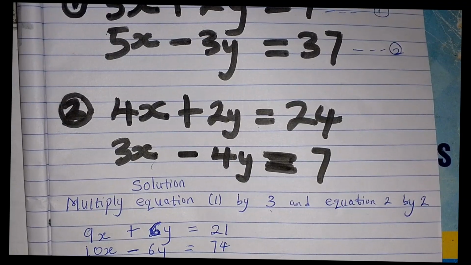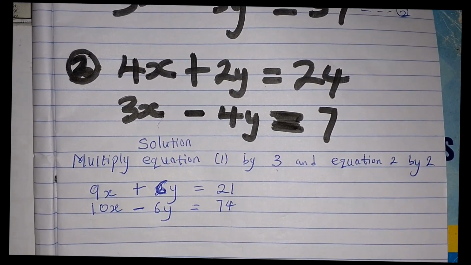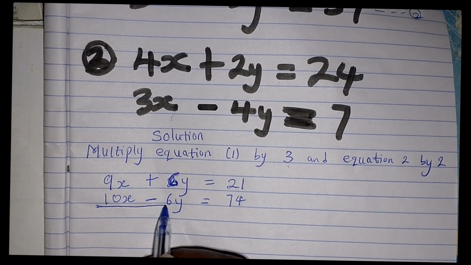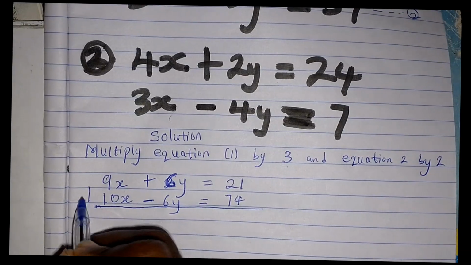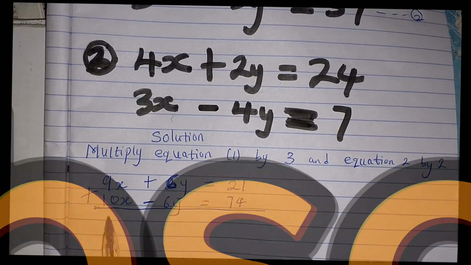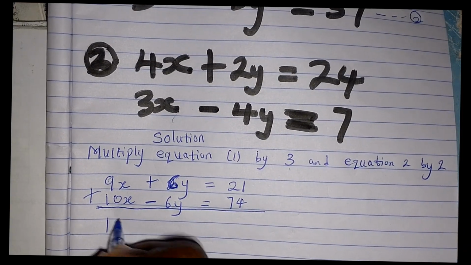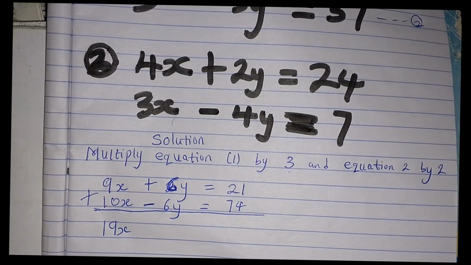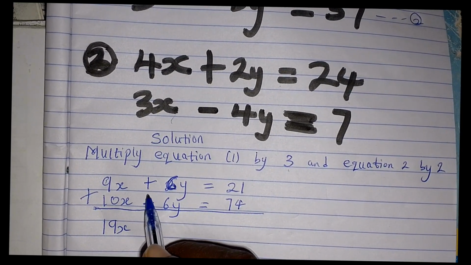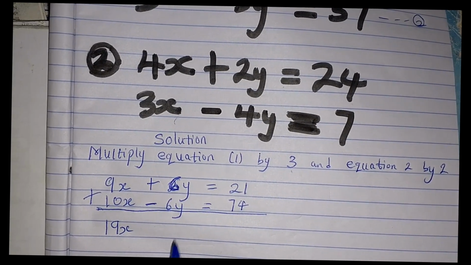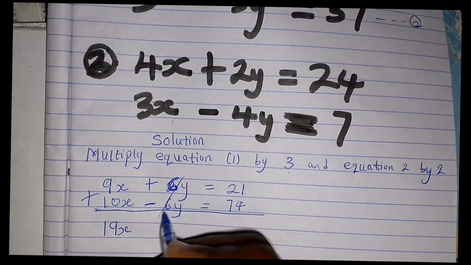So we now add in order to eliminate them. All right, so to eliminate this set of equations, we add. So 10x plus 9x will give us 19x. Then 6y plus minus 6y will give us 0, so we've eliminated this.